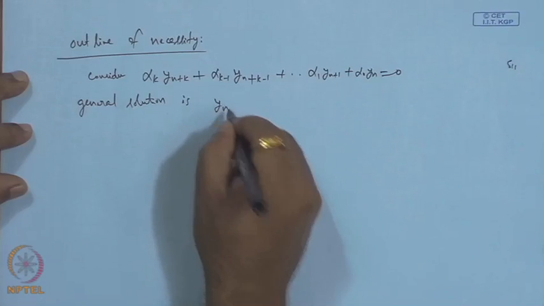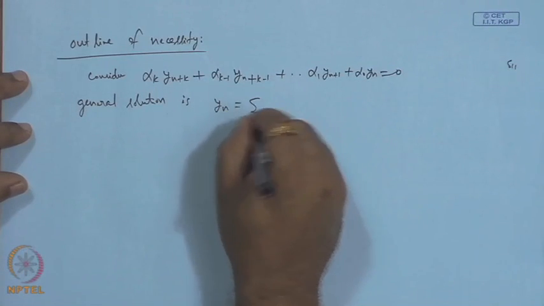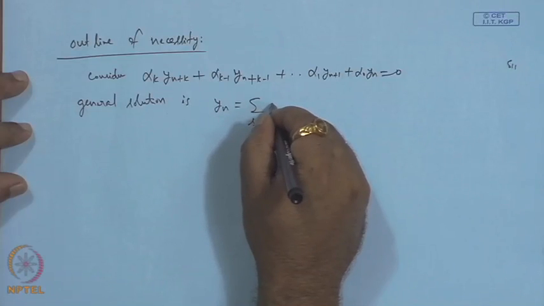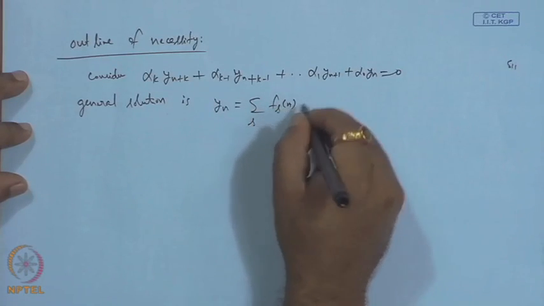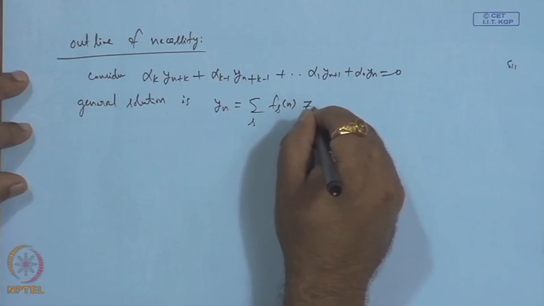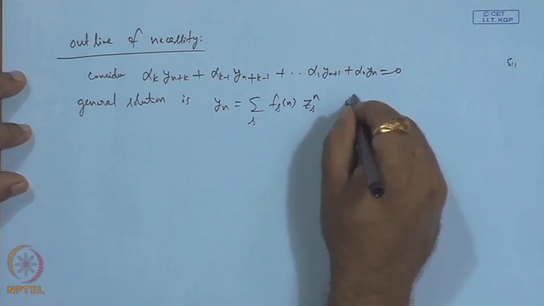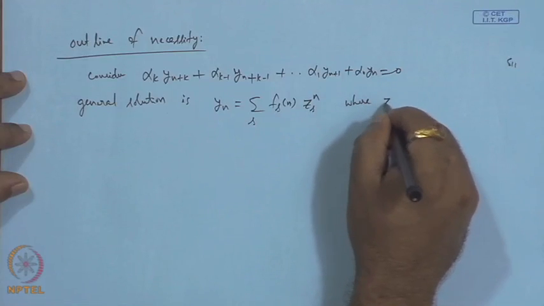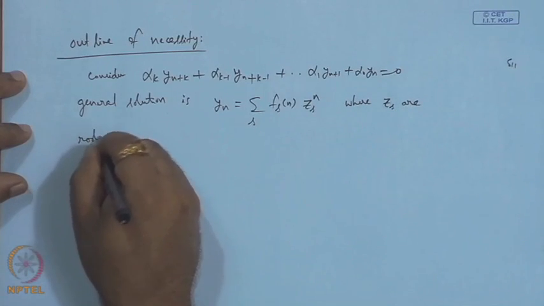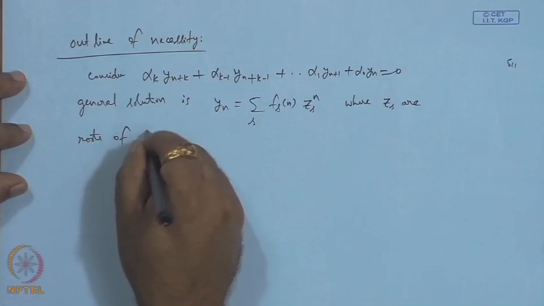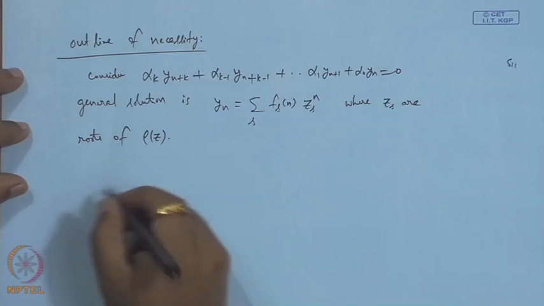This is a difference equation, whose general solution is of this form, some sum of c_s z_s to the power n, where the z_s are roots of this polynomial.